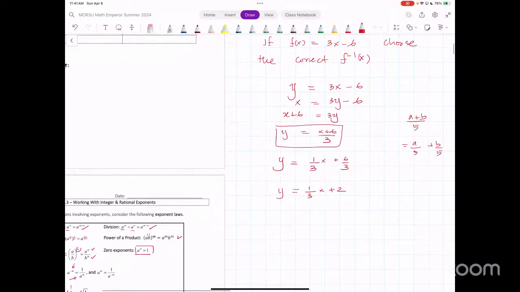The next question has two parts, a radical function. Let's go back to Kavya. What do you mean by a radical function? How does that look? That's right, a square root function.